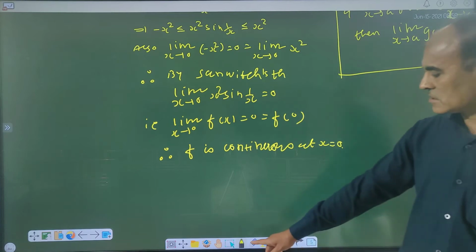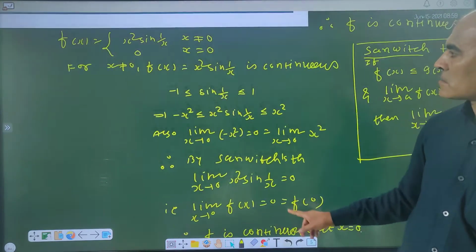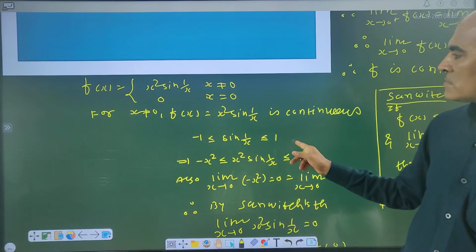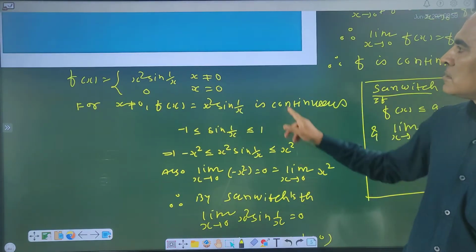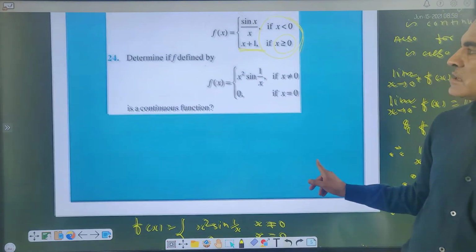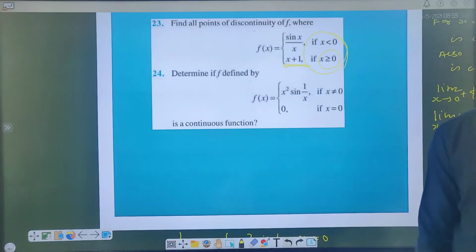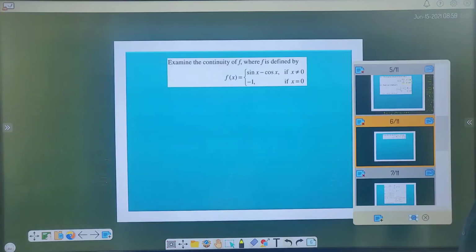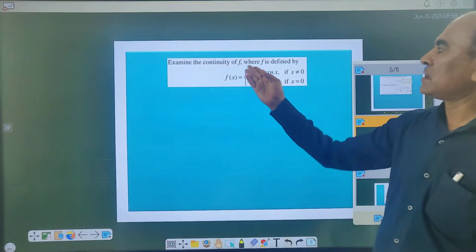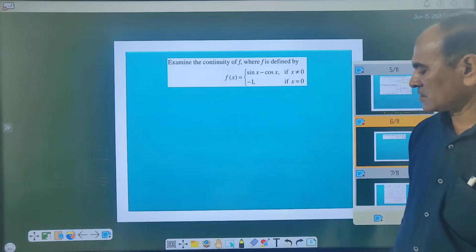So this function is continuous. For x not equal to 0 it is a continuous function, and at x is equal to 0 also it is continuous. So continuity of this function is there. Both functions are continuous.